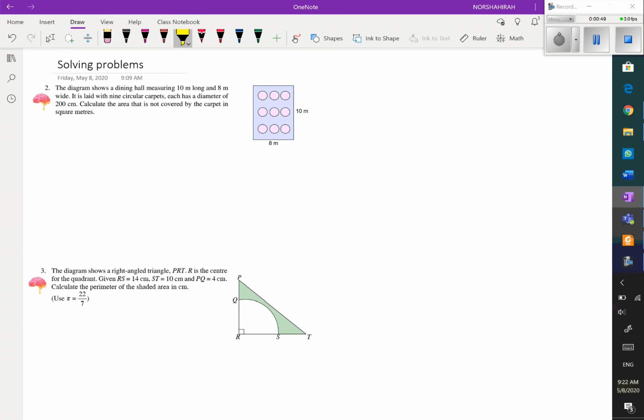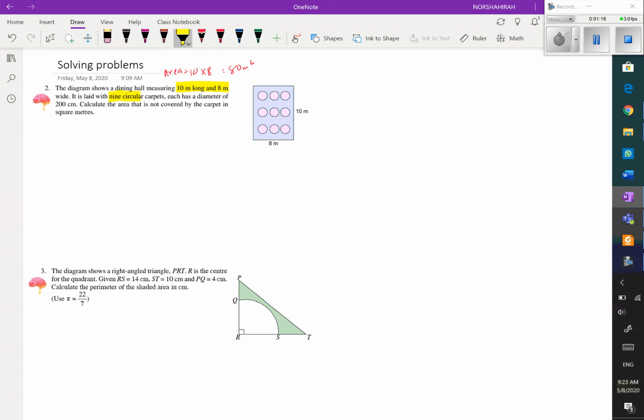So, first you kena identify, you ada dining hall, ini dia punya dimension 10 kali 8, area dia equals to 80 meter square. So, ini keseluruhan you punya dining hall. But in your dining hall ni ada circle.